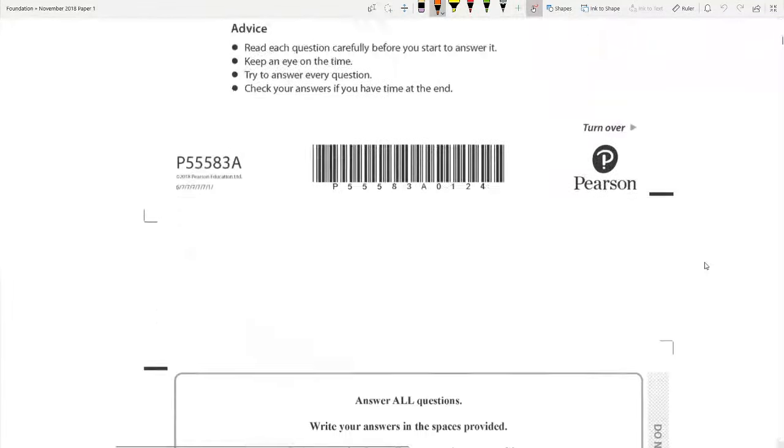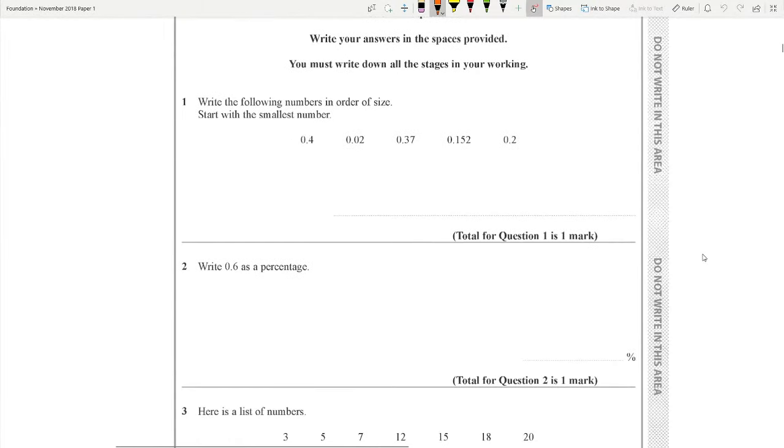Question number 1, very simple. Write the following numbers in order of size. This is place value, and we've got these numbers: 0.4, 0.02. They all have 0 in the units placeholder, so that's all the same. Let's look at the tenths. That's 4 tenths, 0 tenths here, 3 tenths, 1 tenth.